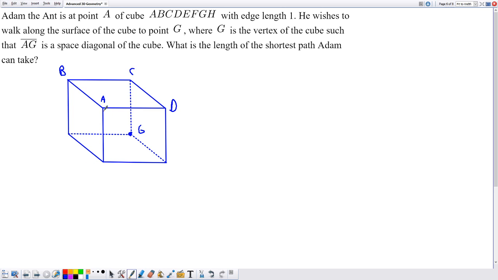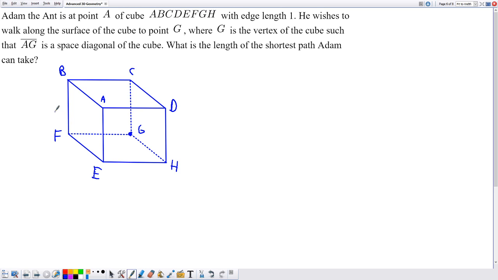So imagine A is in the front top left, and G is in the back bottom right. And the diagonal is going through that cube. But honestly, that's kind of irrelevant to this problem. It's just letting us know what the locations are going to be. So A, B, C, D, E, F, G, and H.